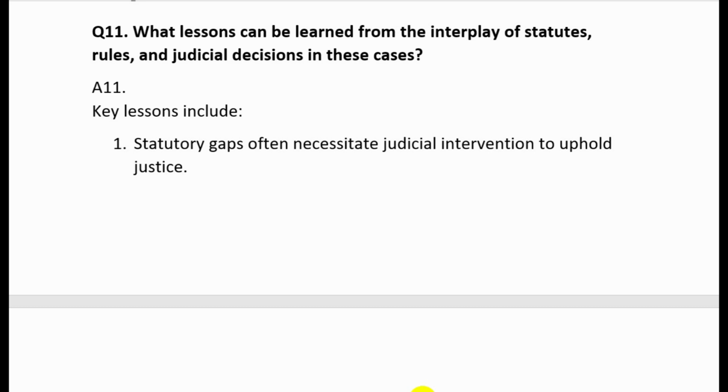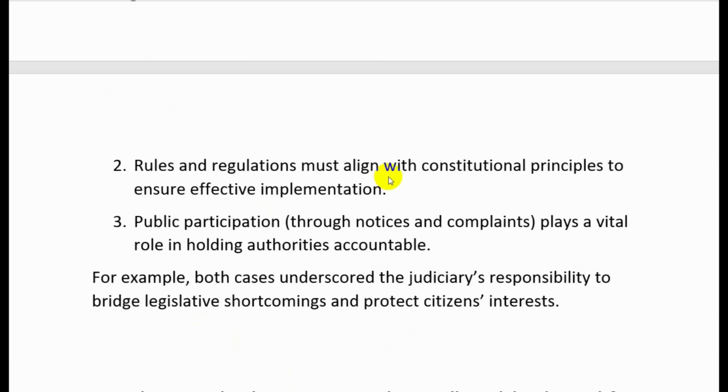That is, the judiciary has to intervene to reduce the statutory gaps, that is, ambiguity in the law or the confusion created by contradicting laws. This intervention is required to uphold fairness and justice.